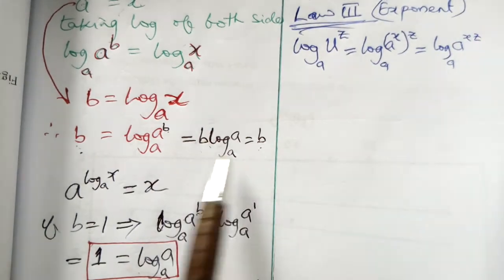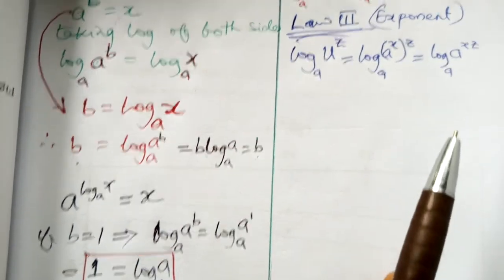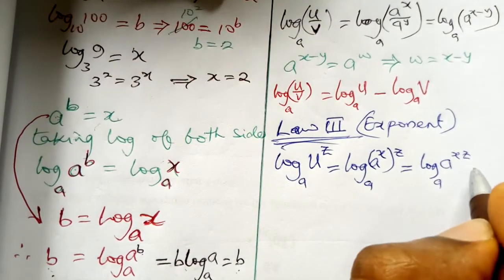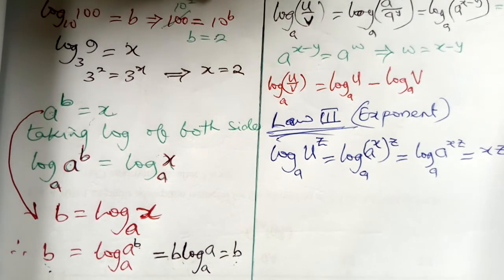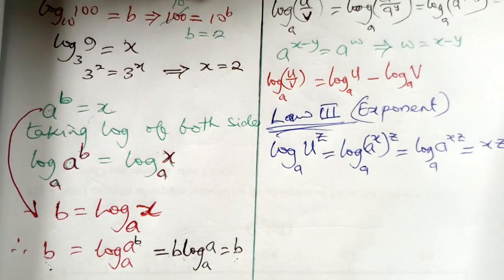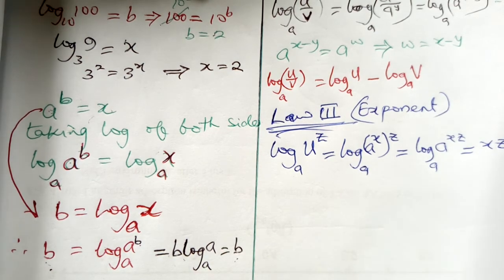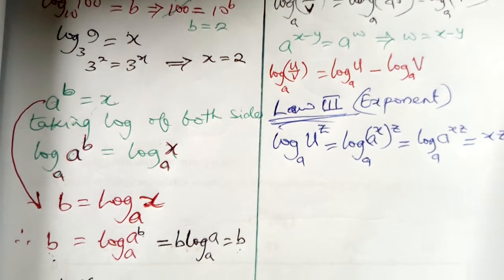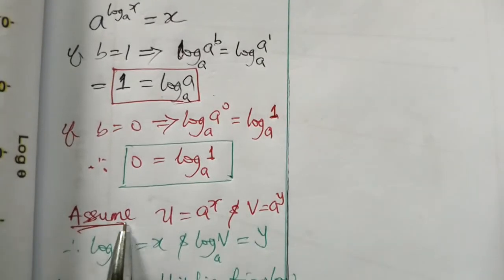That's what it will give us, and we have found out that log a^b base a is equal to b. So our log a^(xz) base a will give us xz, so it's equal to x times z. And we know that x, look at it here, x is equal to log u base a.